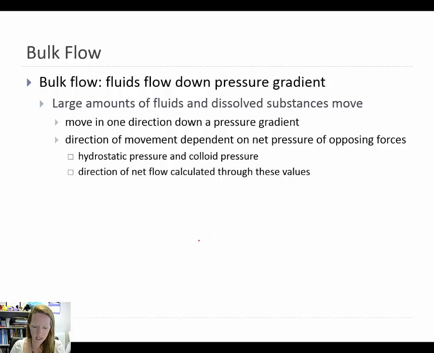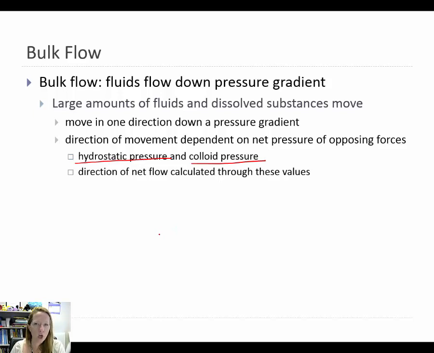So just think, whenever I do say fluid movement, there are going to be these dissolved substances that are going to move along with it. But the direction is going to depend on the net pressure of these opposing forces. So we're going to take a look at hydrostatic pressure, and we're going to take a look at colloid pressure. And this is going to really determine the direction of flow.